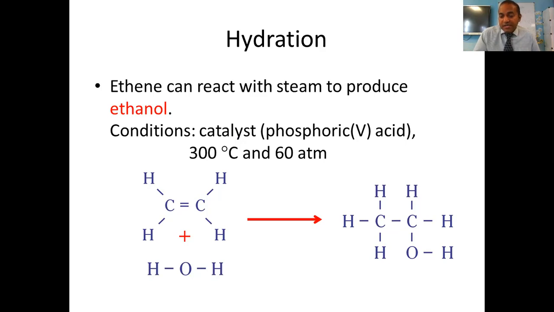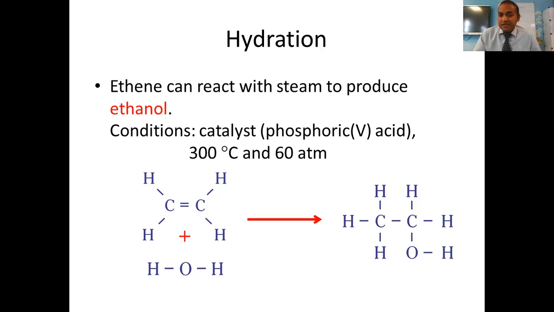So for the conditions again, it requires 300 Celsius. And in this reaction, you also need a very specific pressure, which is 60 atm. And the catalyst used is phosphoric acid.